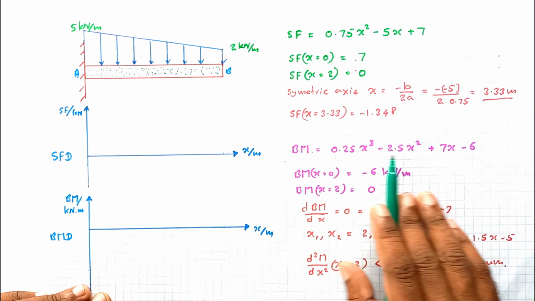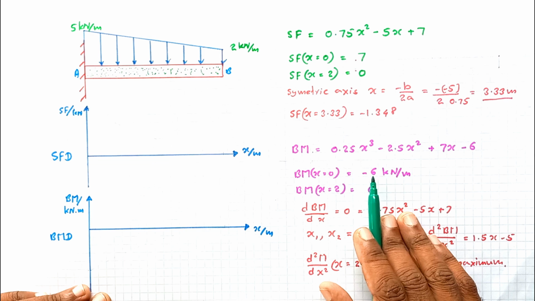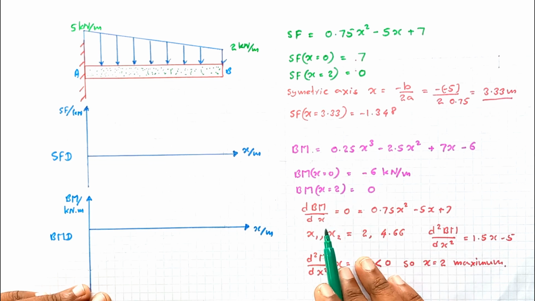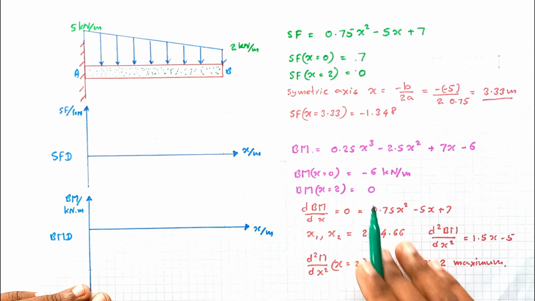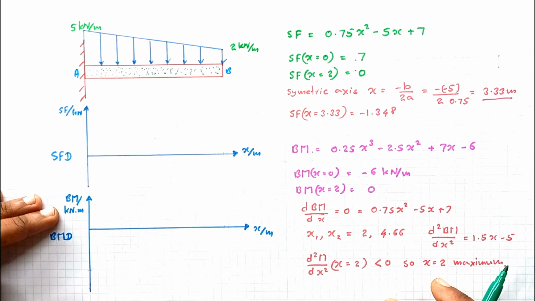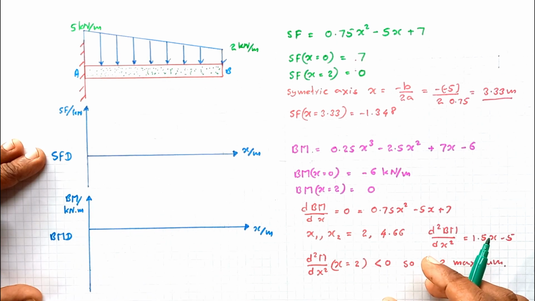Then this is the bending moment equation. Bending moment at x equal to 0 is minus 6. Bending moment at x equal to 2 is 0, the maximum value. Okay, now we are ready to draw the shear force and bending moment diagram.